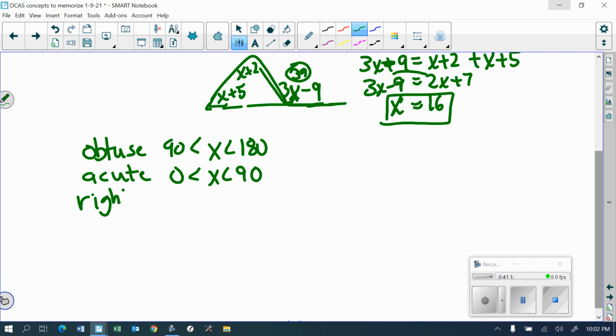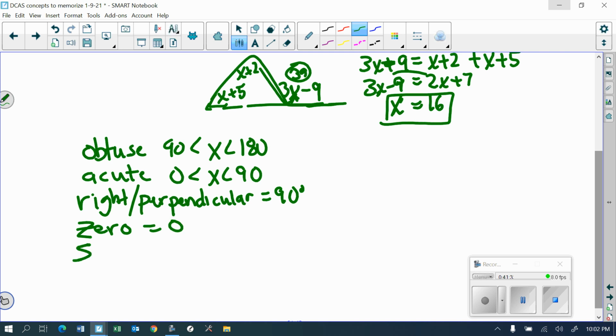Right angle, also called perpendicular, equals 90 degrees exactly. And you can have a 0 angle, which is 0, and a straight angle, which is a line, which we already talked about, equals 180 degrees.